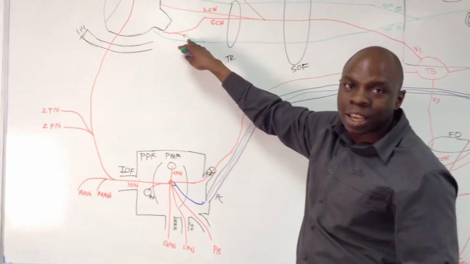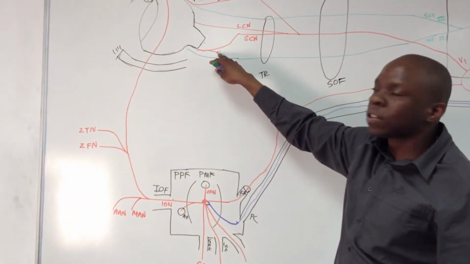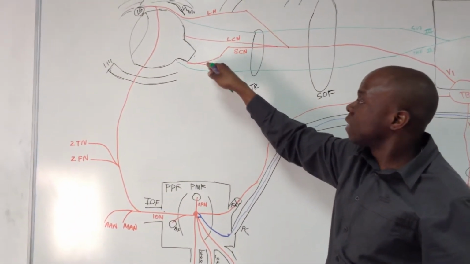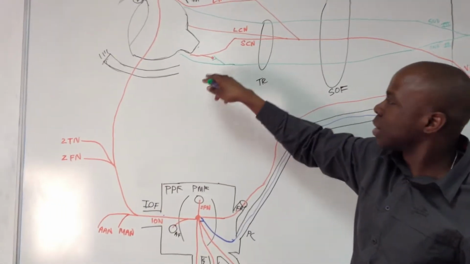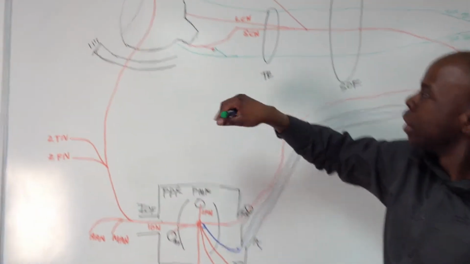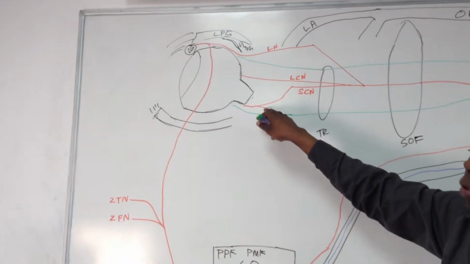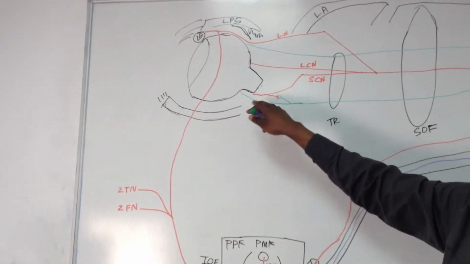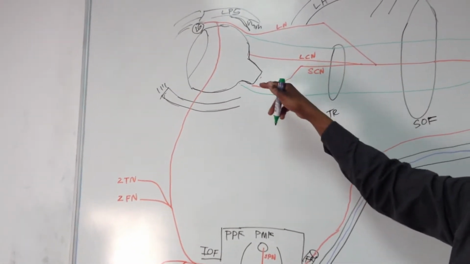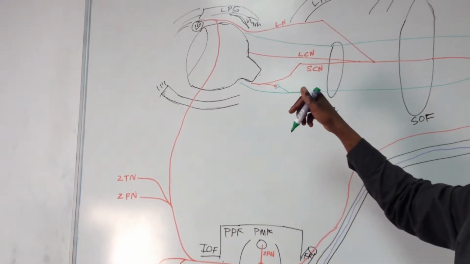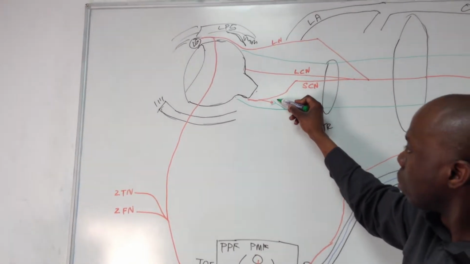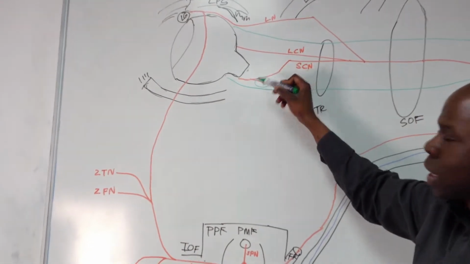When it gets to here, this is a synapse. It tries to zap this little ball here. This is the receiving end, it's the postganglionic fiber, and that is on the trigeminal. So we're going to put a hat around that to show that's the ganglion.